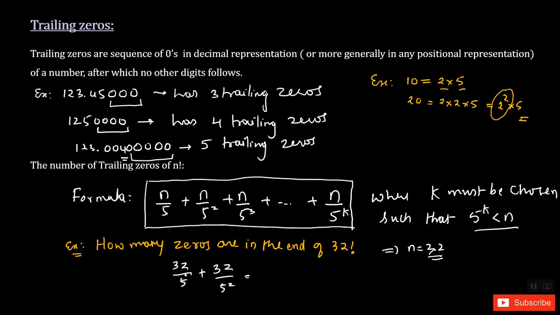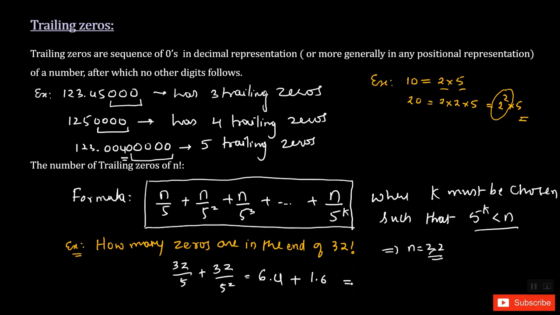Now 32 divided by 5, what do you get? You will get 6.4 something. Plus 32 divided by 25, you will get 1.6 something.